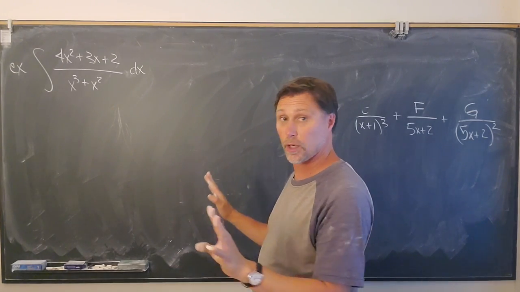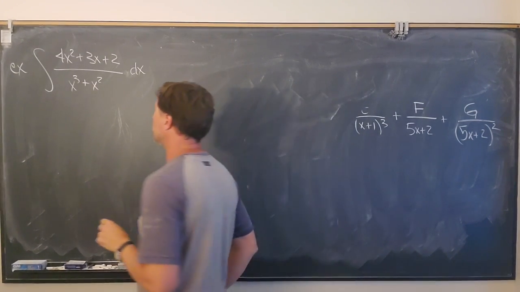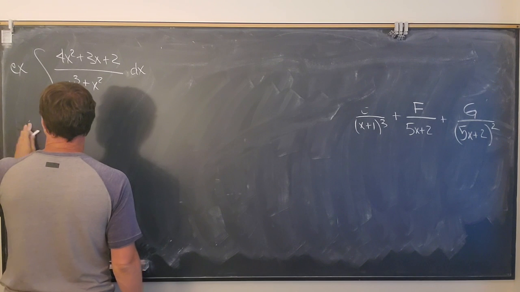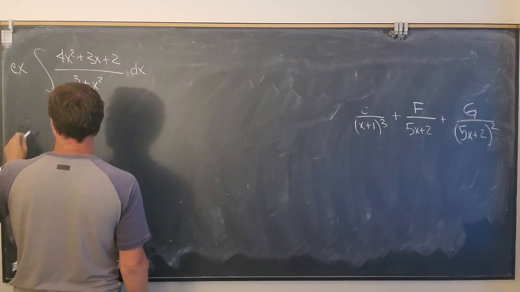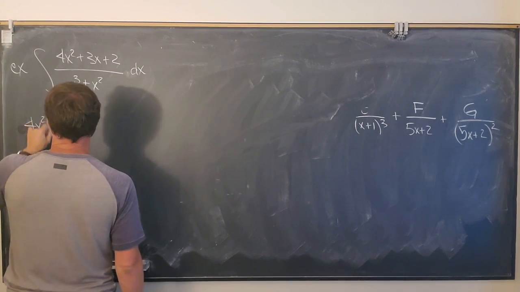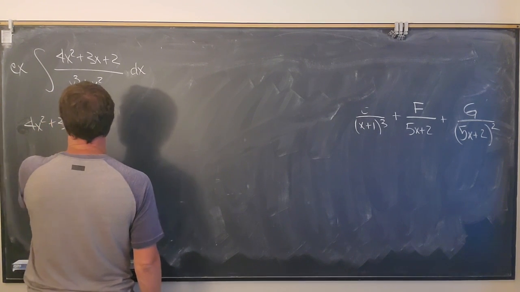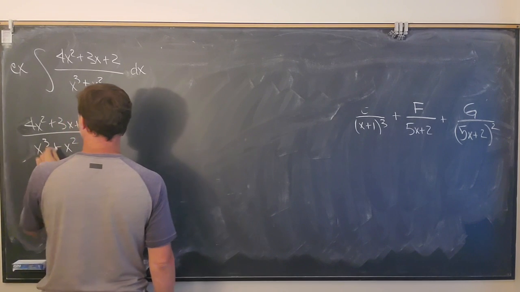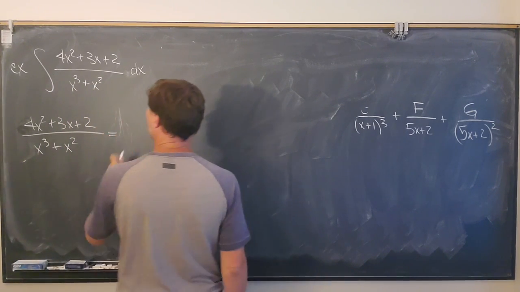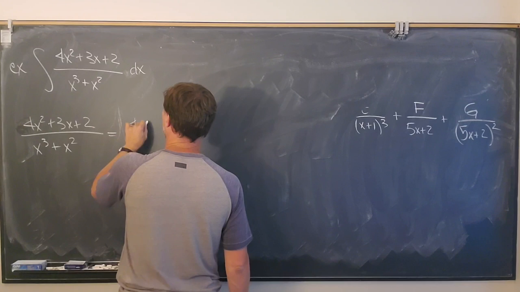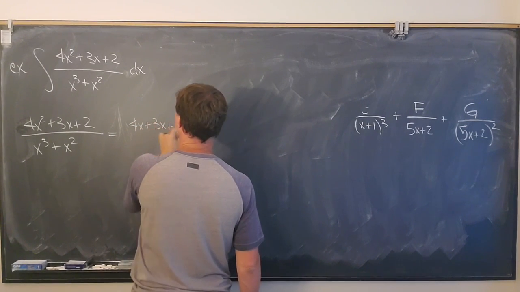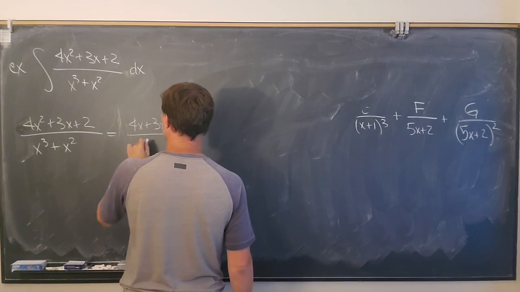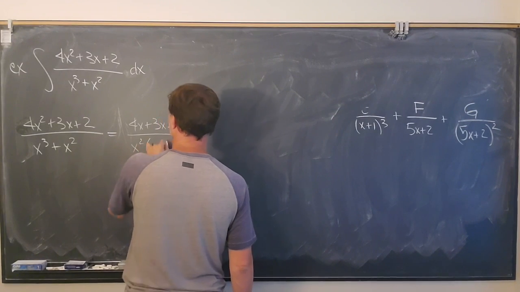We forget that we're integrating for a minute. We're going to do partial fractions first. And so we say, all right, the denominator, well, let's write it out. 4x squared plus 3x plus 2 over x cubed plus x squared. Factor the denominator, and we get 4x squared plus 3x plus 2 over x squared times x plus 1.